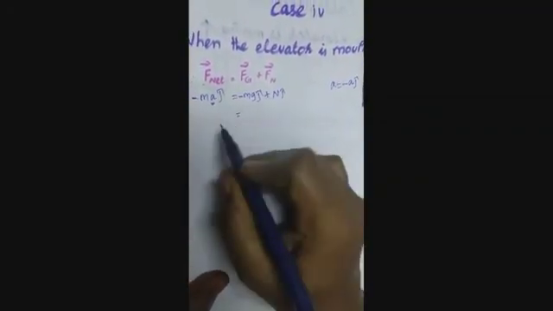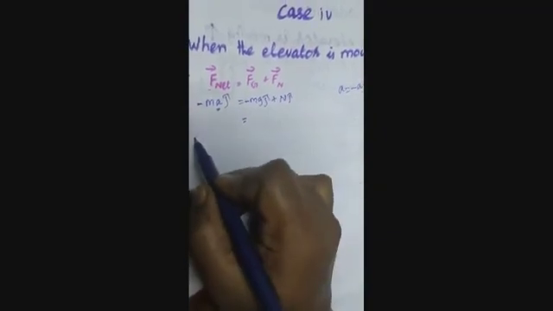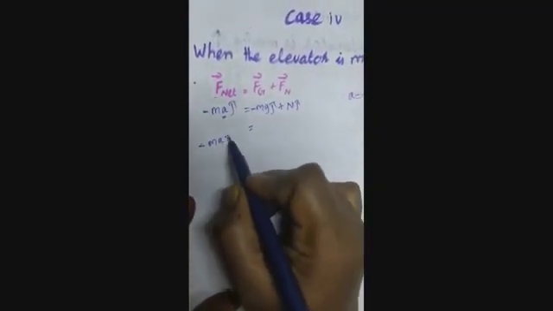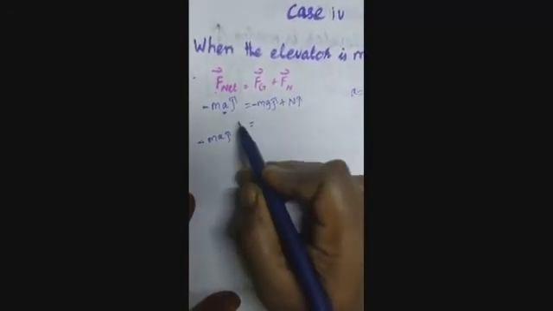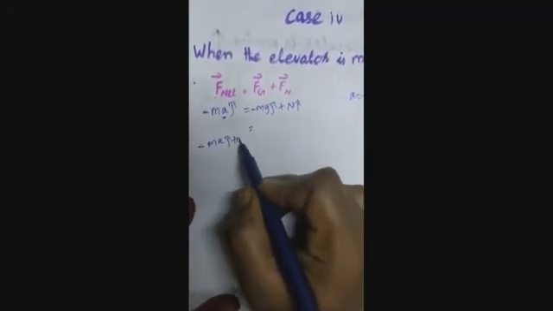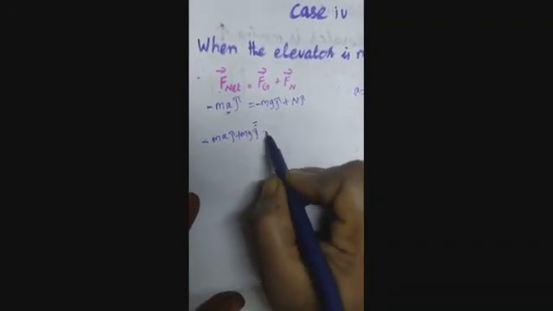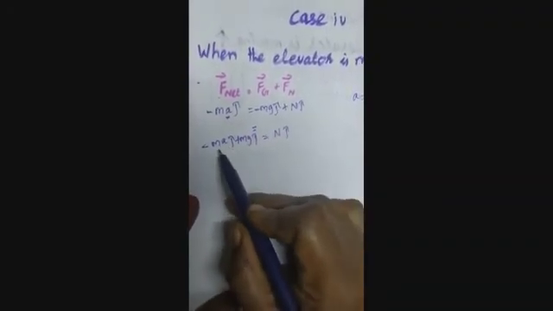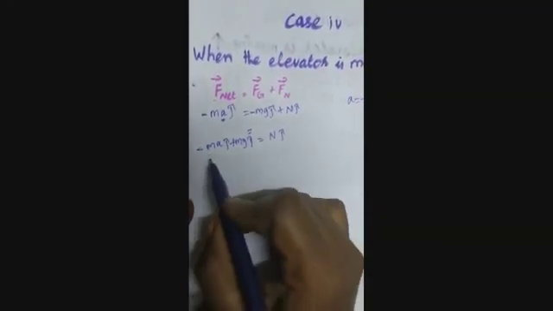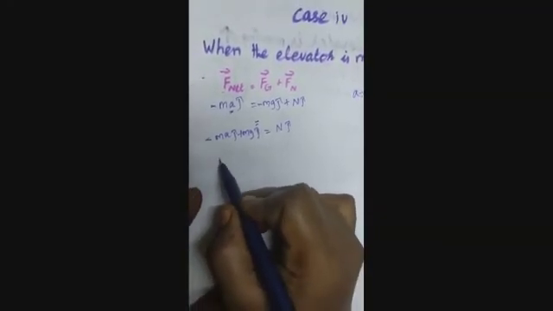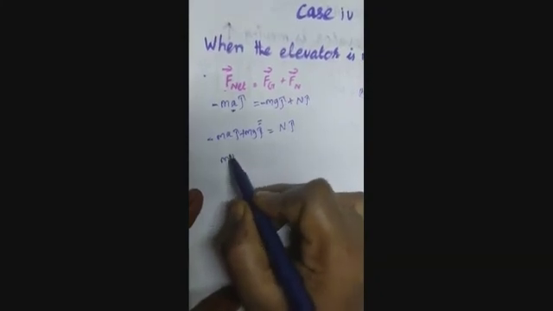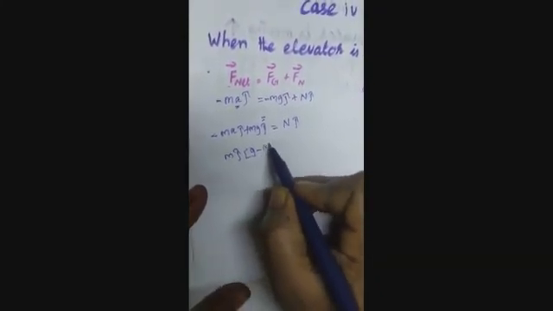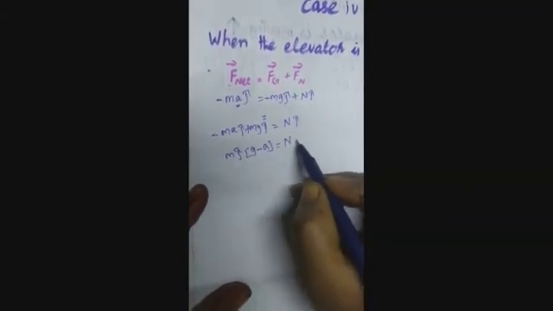Now we rearrange the terms: minus ma j cap, and minus mg comes to this side and becomes plus mg j cap, equal to N j cap. Taking m and j cap common, m into j cap, g minus a equal to N j cap.